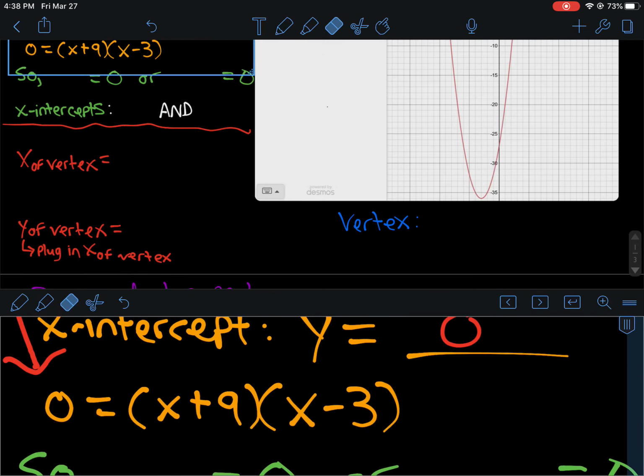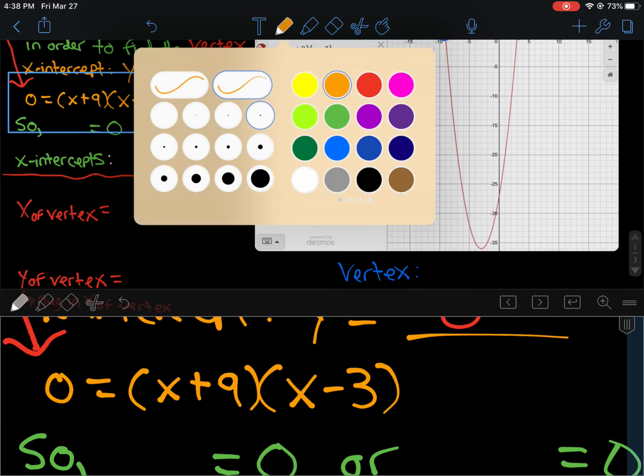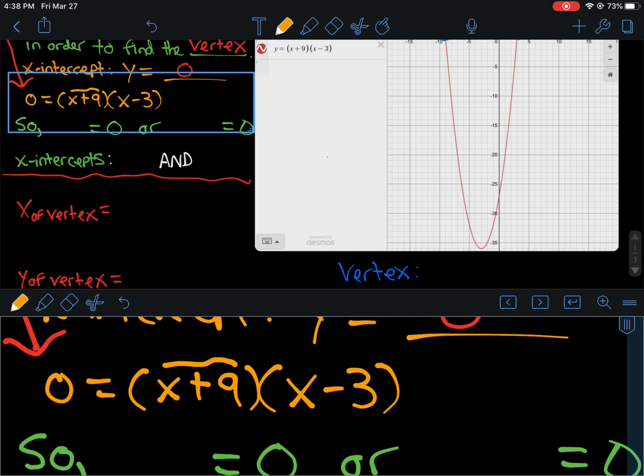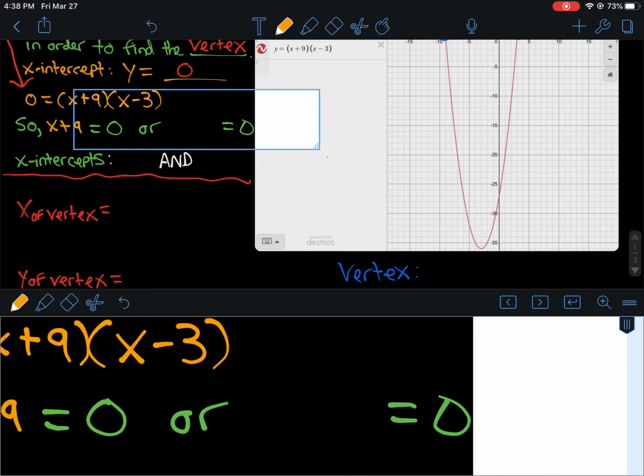So if you look up here, this part right here has to be 0, or this has to be 0. So x plus 9 or x minus 3 has to be 0. That's where this comes into play. So x plus 9 equals 0, or x minus 3 equals 0.